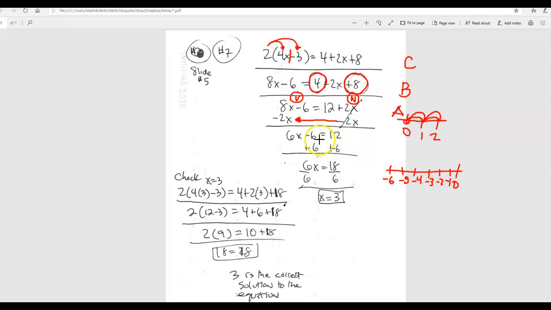So let's say I went to -6. So I'm at 0, -1, -2, -3, -4, -5, -6. But then I got 6 more positives. If it's positive, remember I'm going backwards. +3, +4, +5, +6 puts me at 0.